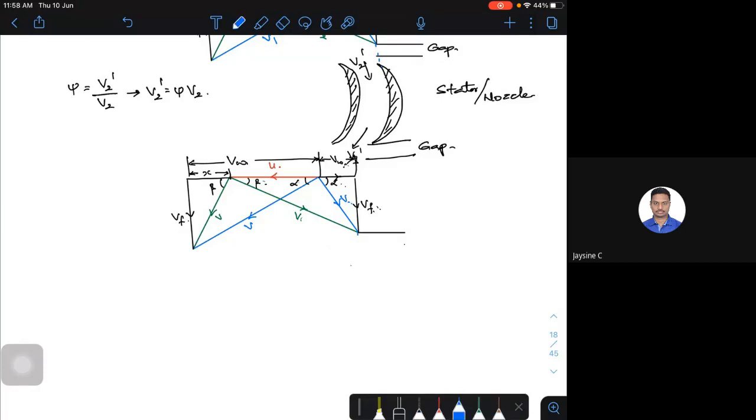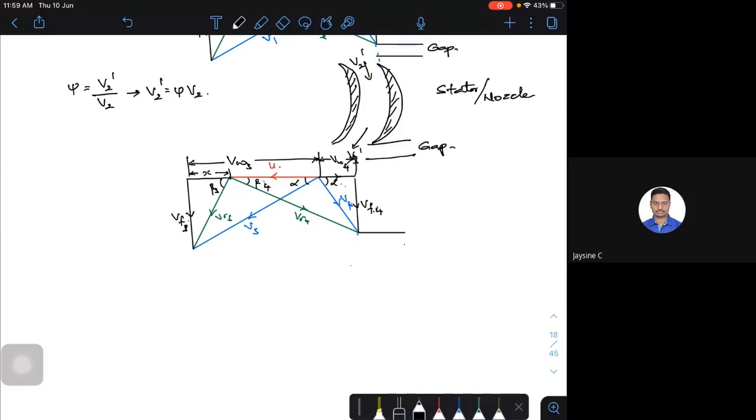It enters at some velocity, V3 dash, and this will be V3. This will be your VR3, this will be your VF3, and this will be your VW3, and this is beta 3. This is beta 4. Then this will be VR4, this will be V4, and this will be VF4 and VW4.